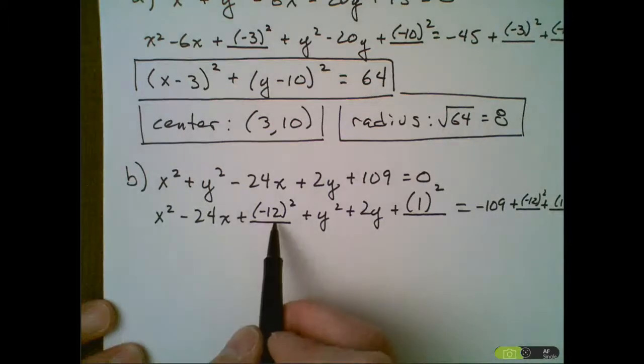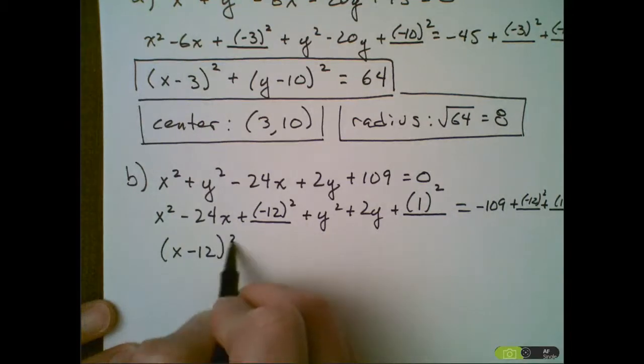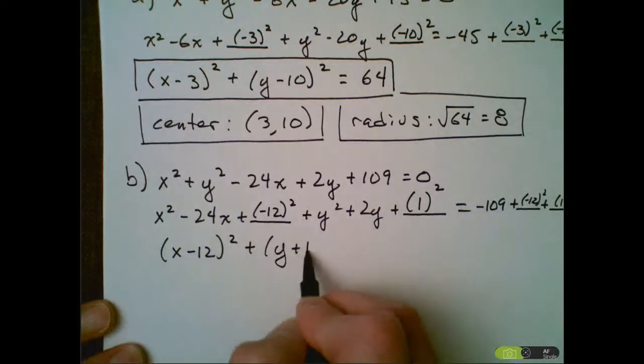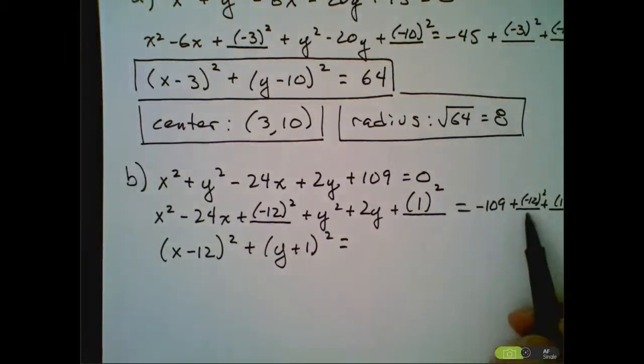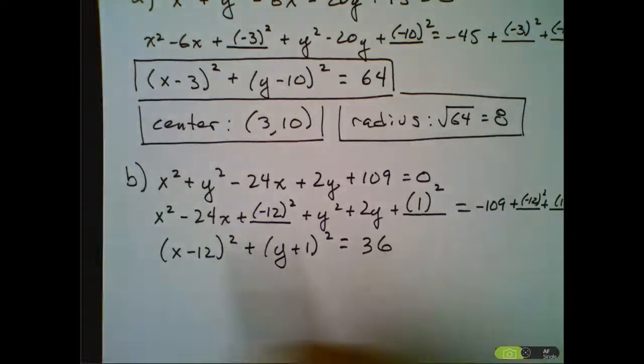So factoring this perfect square trinomial, I've got x minus 12 squared, and then factoring the y's, I get y plus 1 squared, and then we have a negative 109 plus 144 plus 1, and that should give us 36.